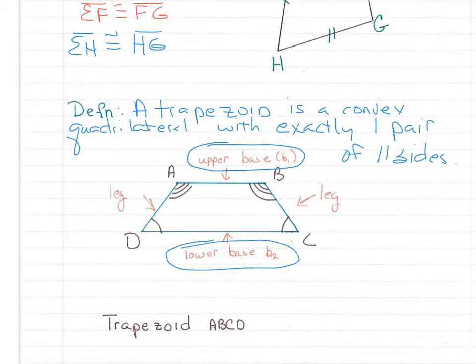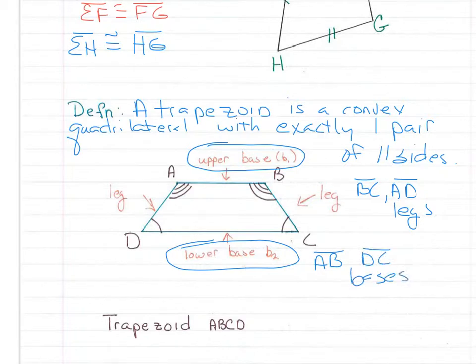They're not going to be congruent. The bases cannot be congruent. And then we have two legs. Side BC and side AD are legs, and we know that side AB and DC are your bases. Okay, upper base and lower base.